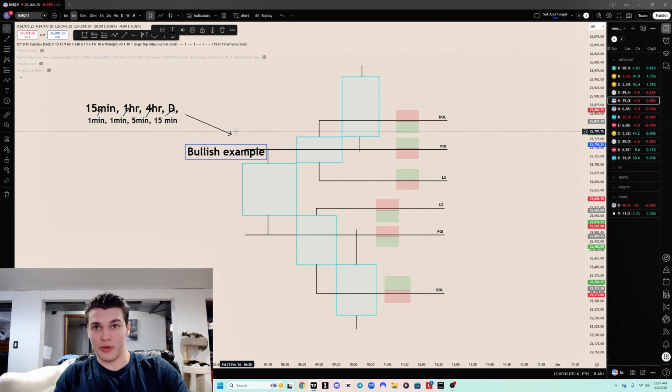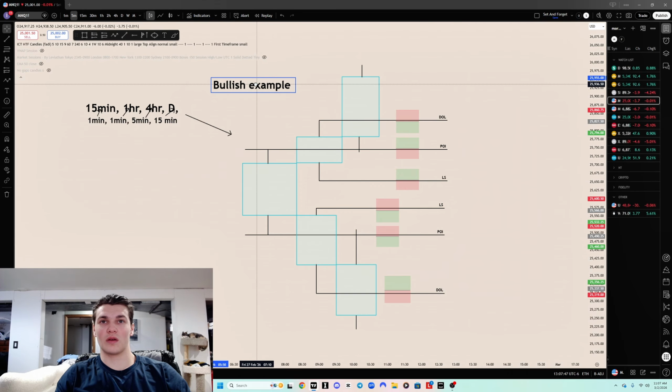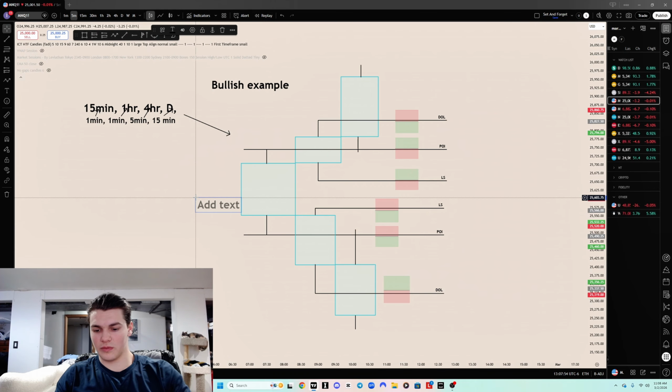Bullish example. And then we're going to do bearish.